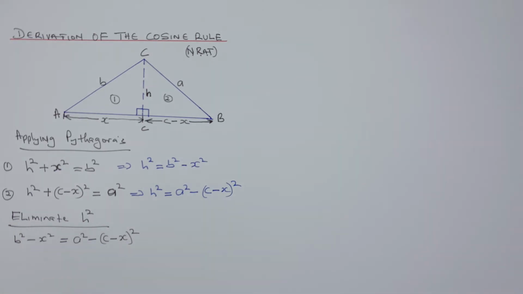That would be b squared minus x squared equals a squared minus, in a square bracket, c squared minus 2cx plus x squared.